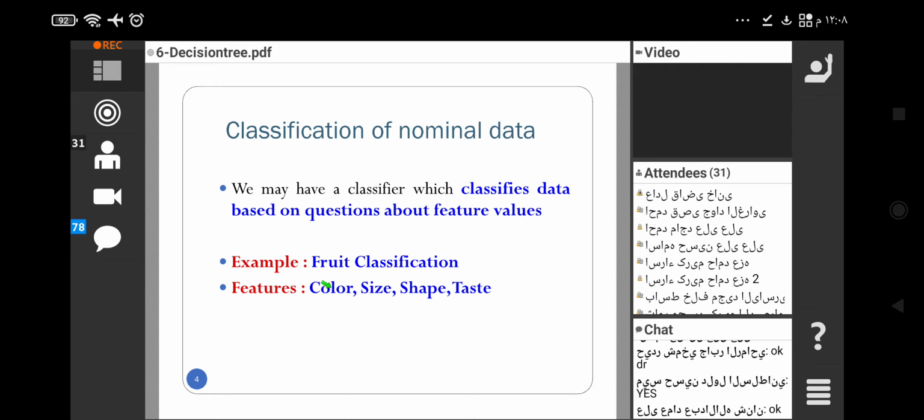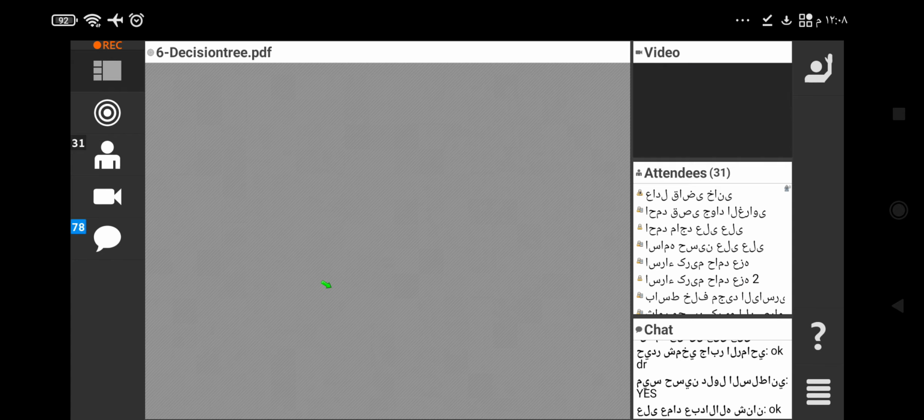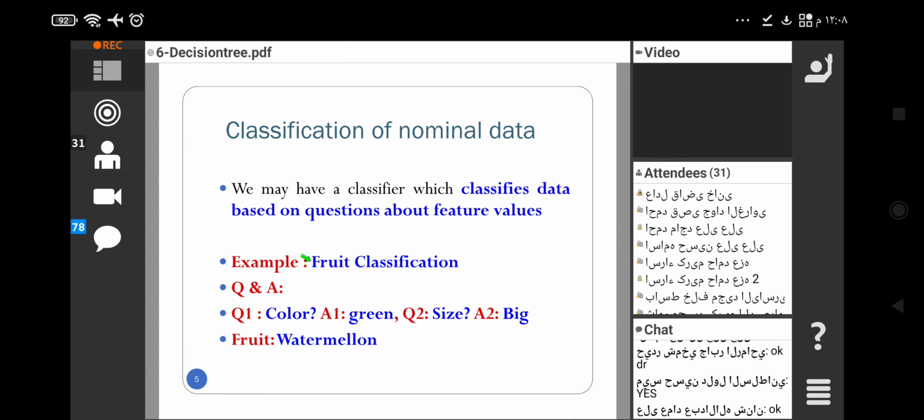And we want to classify the fruit. How do we do this? We say, what is the color? And our answer is green. And then we say, what is the size? Our answer is big. These answers are based on the test data.